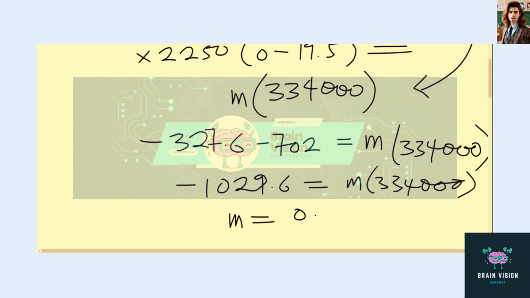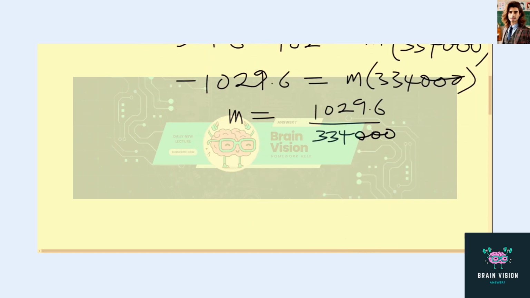When we make m the subject, we divide 1029.6 all by 334,000. Now this is going to give us 0.00308 kilograms.